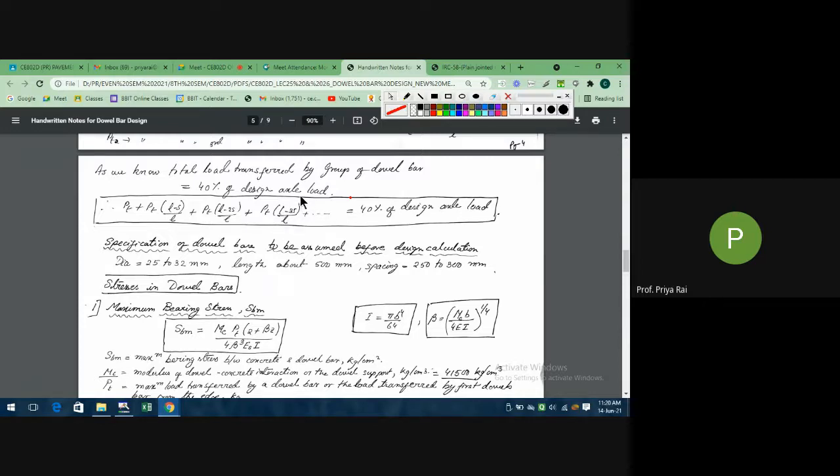We will continue until and unless this value is positive. Okay, we will see if this value is positive, then we will add here. If this value is negative or 0, we will stop there. Okay, we will stop there. So we will see this value, until these values are positive, we will keep on adding. Okay, so this thing you have to remember.